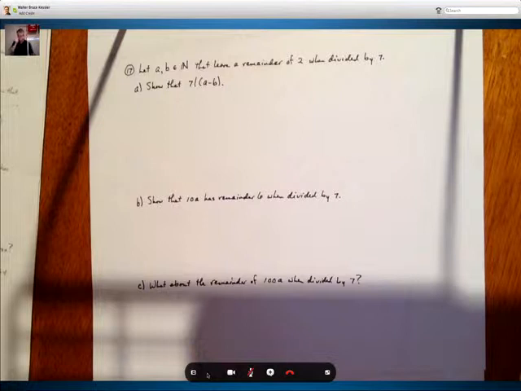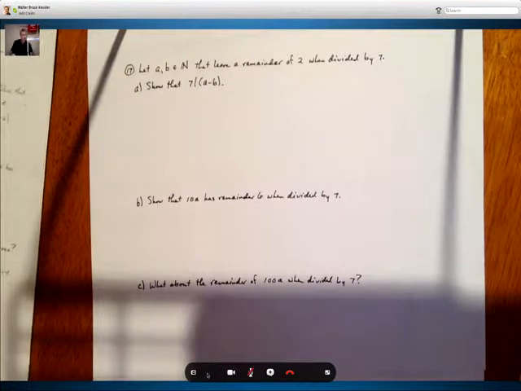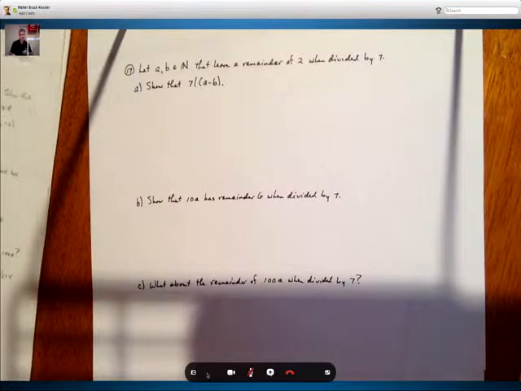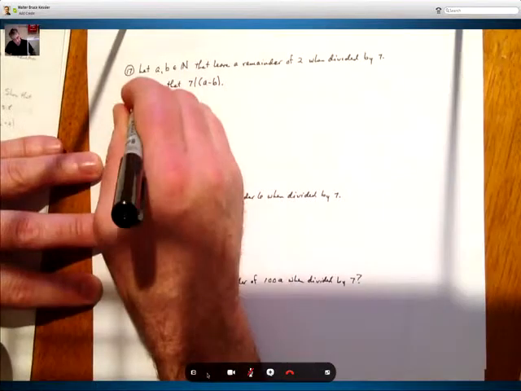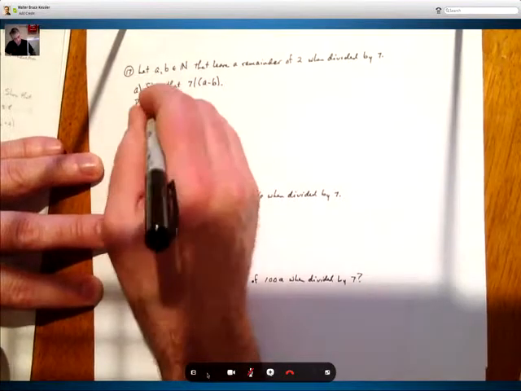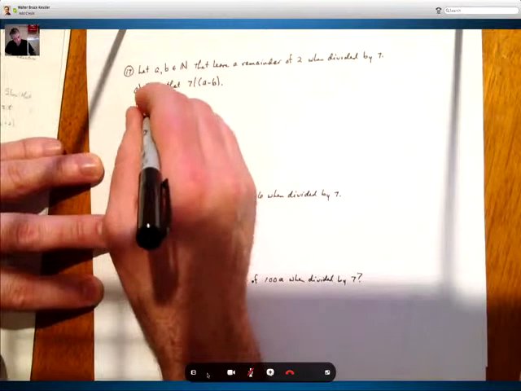I think we got to 19. So let's take a look at 17. 17 really wasn't that bad. We're told A and B are natural numbers that leave a remainder of 2 when divided by 7. And we want to show in the first part that 7 divides the difference. So here's the way I would do that.